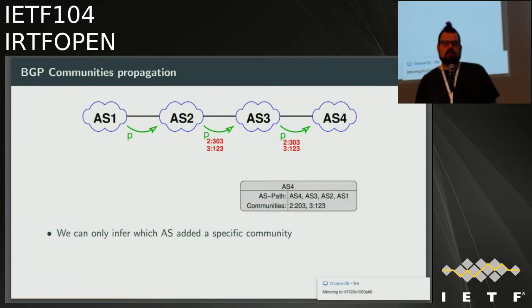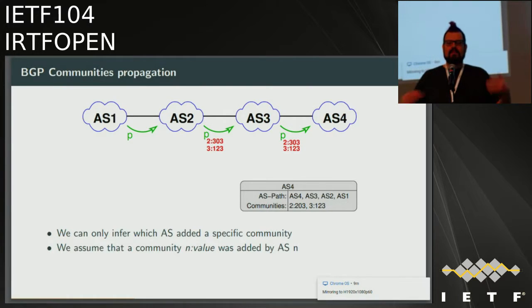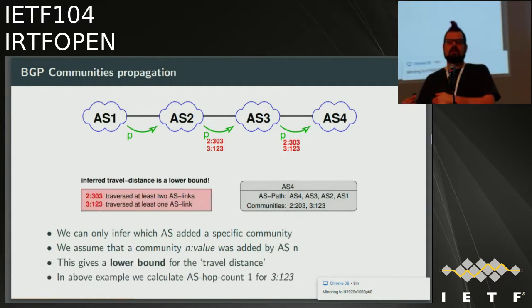For us, we can only infer which AS is adding a specific community by assuming that the AS number present in the community is actually the AS adding the community. We will get a lower bound of the travel distance, or of the AS hop count.